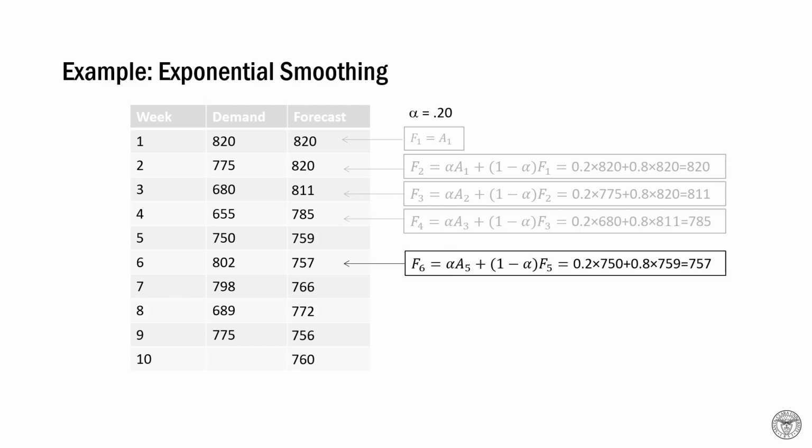Through this method, we are continuously updating our forecast based on the most recent actual and forecasted occurrences, weighted by the smoothing constant, alpha.